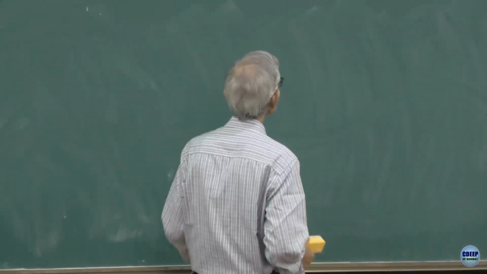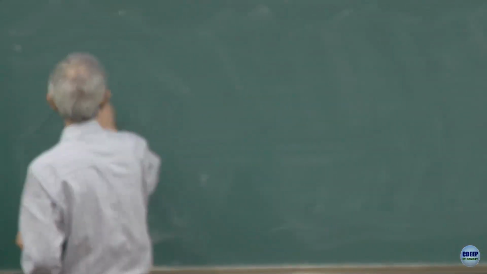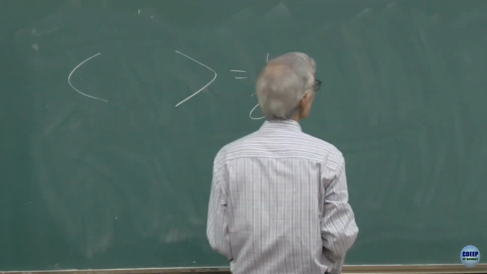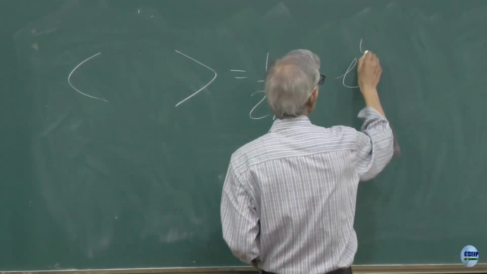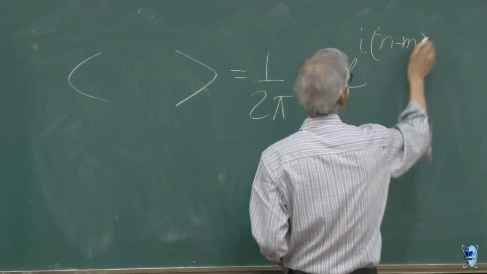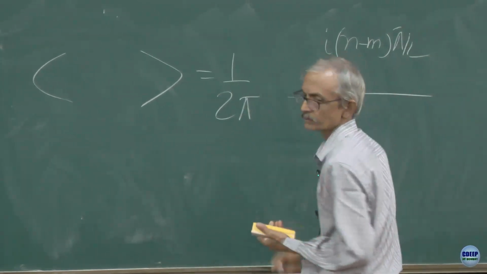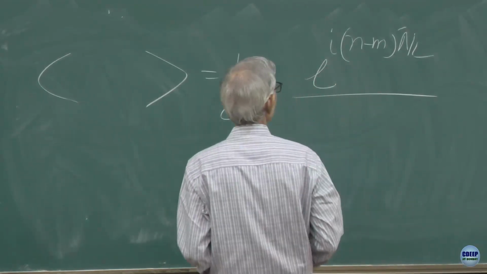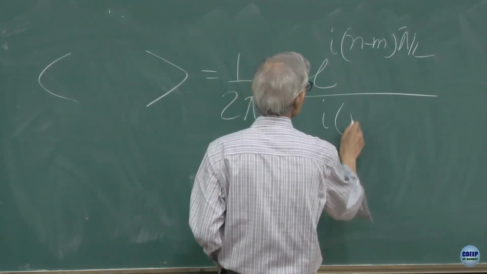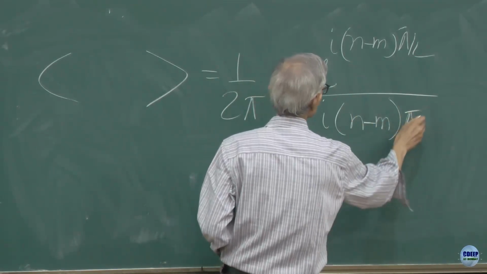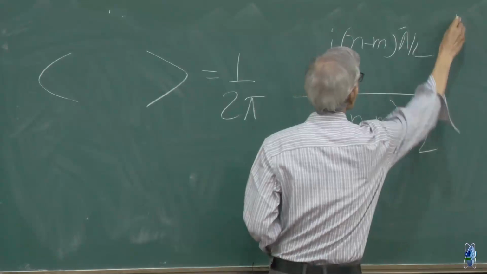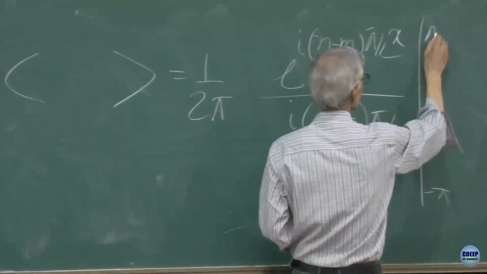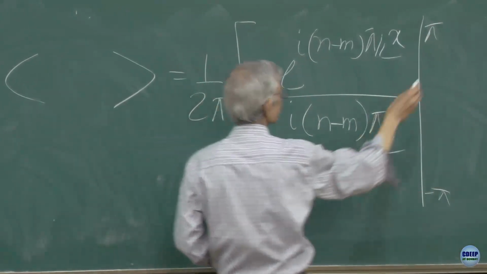So this inner product is going to be 1 by 2 pi, and then you perform the integration: e to the power of i (n minus m) pi by L upon i (n minus m) pi by L, evaluated from minus pi to plus pi. I have just integrated it, nothing else.